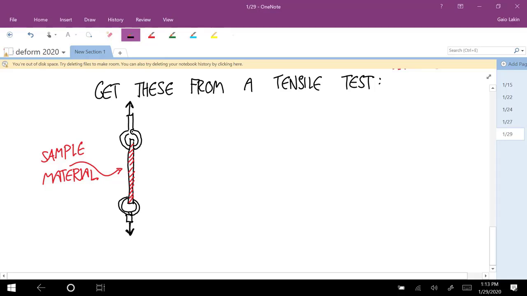MTS is a really big company in the Twin Cities, and they started out making these machines. Now they do testing for all sorts of different things, vehicles, all sorts of crazy stuff. But they started out by just making these machines. You have to have a lot of strength at the same time that you have a lot of precision to do this right. But when you stretch this, you measure two things.